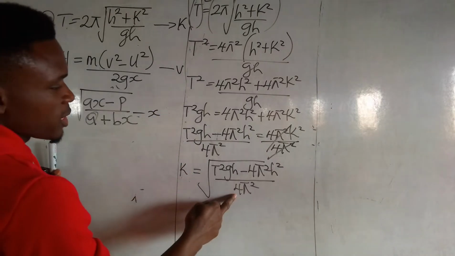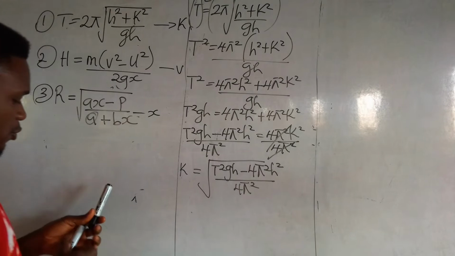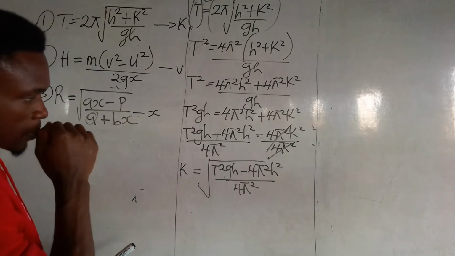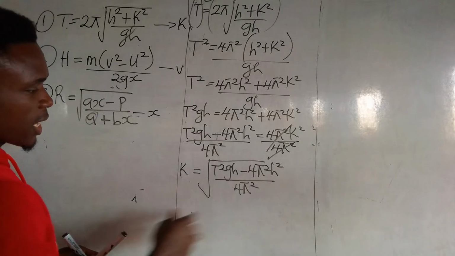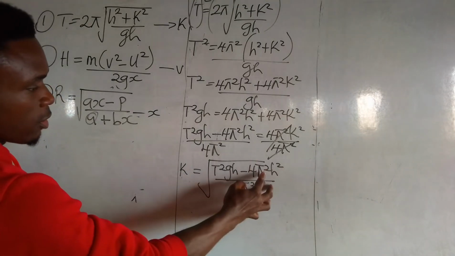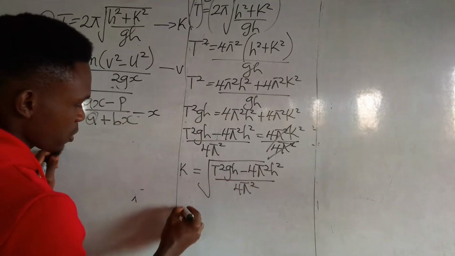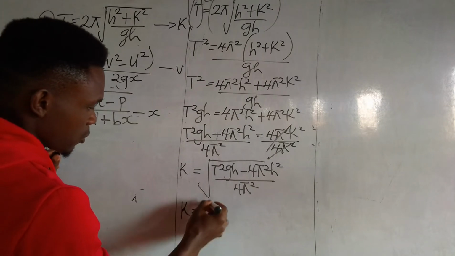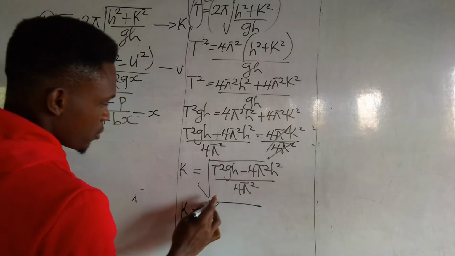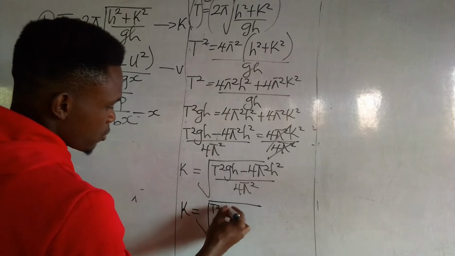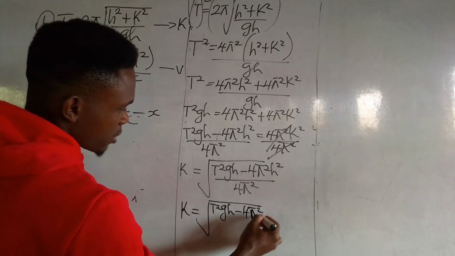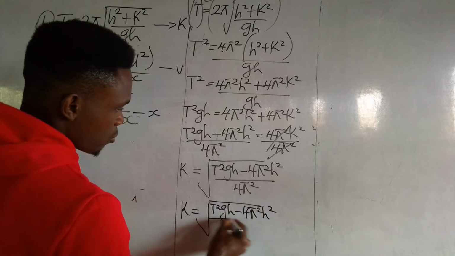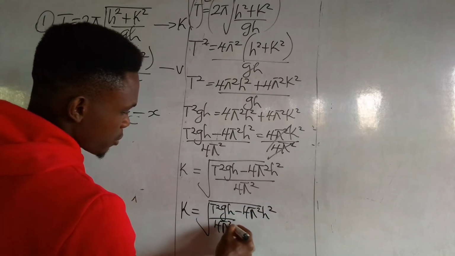You have 4 pi squared here, you have 4 pi squared here. So what you have to do is this. You have to put this into 2 parts so that you can cancel out 4 pi squared. It becomes k equals big root T squared gh minus 4 pi squared h squared, over 4 pi squared.